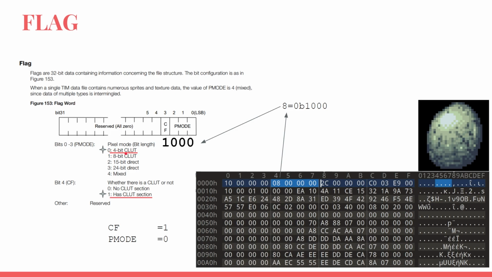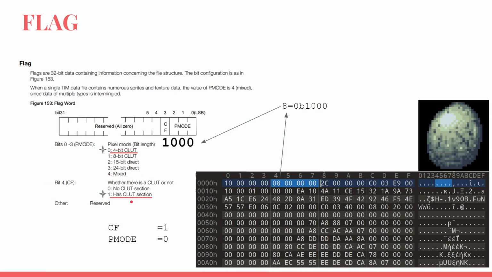What is CLUT? CLUT is color lookup table, and is the more technical word to use to refer to a color palette. And that's what we're going to use going forward. The CF bit tells us whether there is a CLUT included in the image or not. So this is the format of the pixel section for P mode, and then CF is just whether or not there is a color palette included with this image.